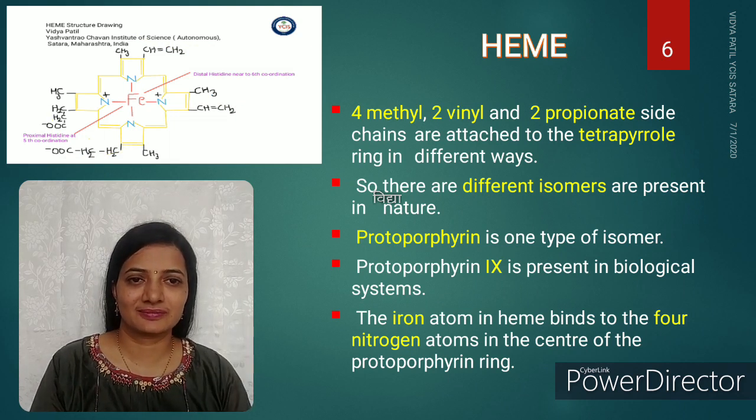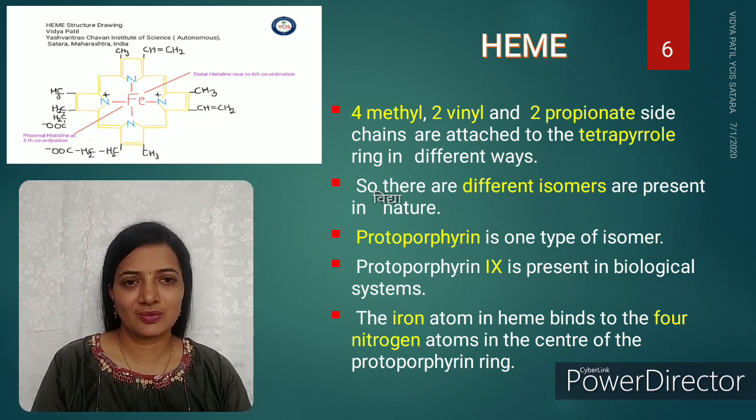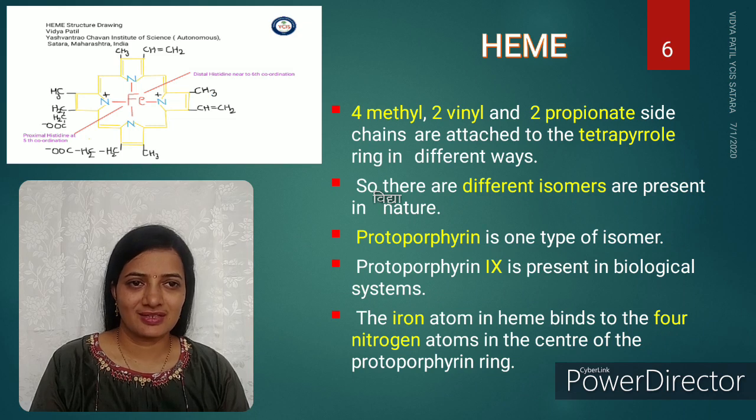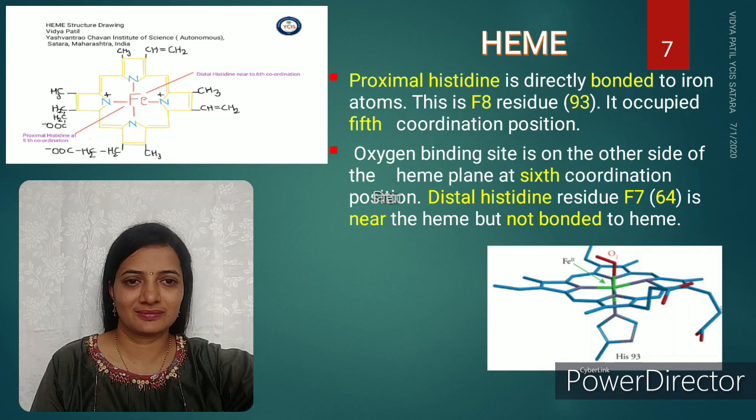in the total structure. So it is a protoporphyrin type of isomer, and in biological systems protoporphyrin 9 is present. The iron atom is present at the center, which joins to the 4 nitrogen atoms.